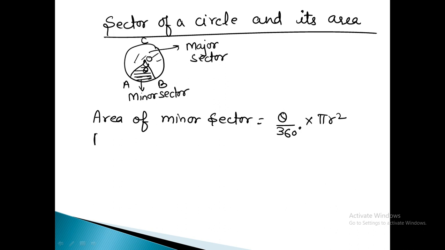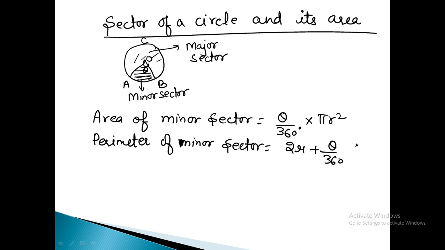If you want to find the perimeter of the minor sector, then we will use 2r plus theta over 360 times 2 pi r. This formula will be used for finding the perimeter of the minor sector. A sector is called a major sector if the major arc of the circle is a part of its boundary. For example, here O, A, C, B. This is a major sector.